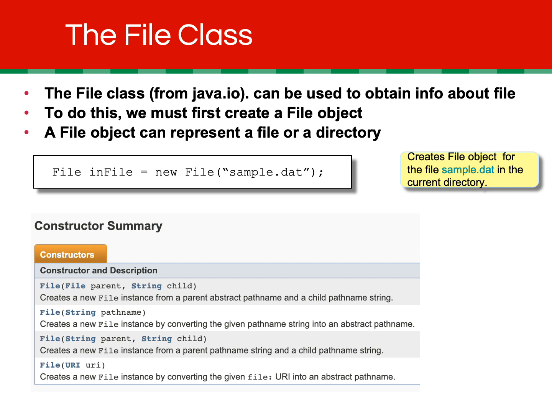If you look at the Java API, at the constructor, you are actually creating a new File instance by converting the given path name string into an abstract path name. That means that you are creating a file object, not creating a file.